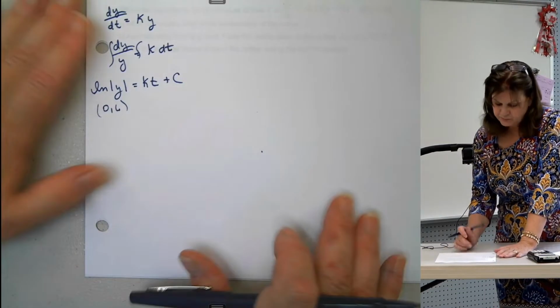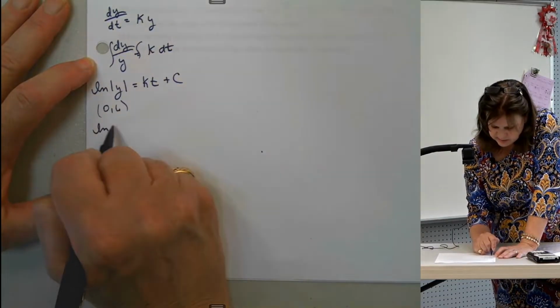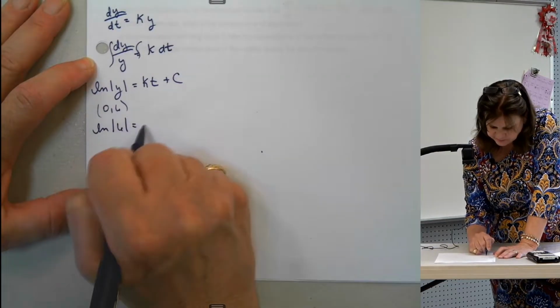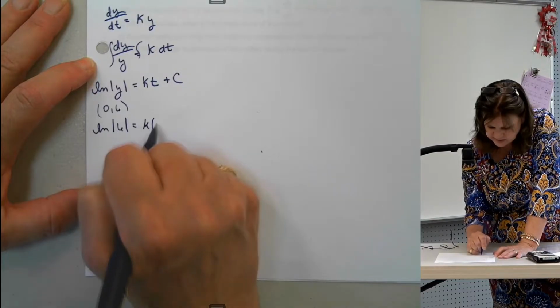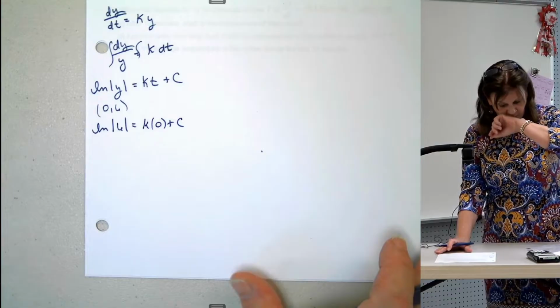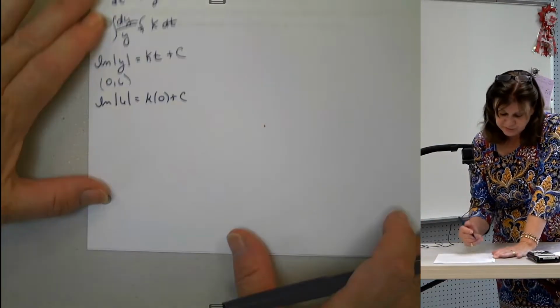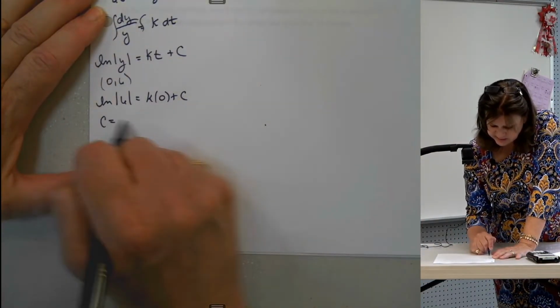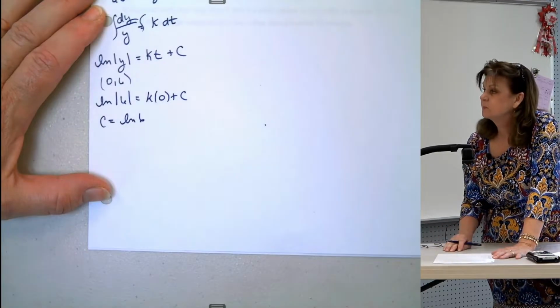All right, let's go. ln 6 is k times 0 plus c. So I know that c is equal to ln 6.